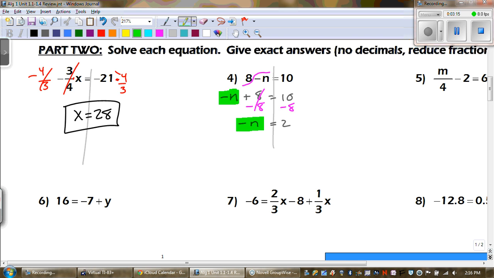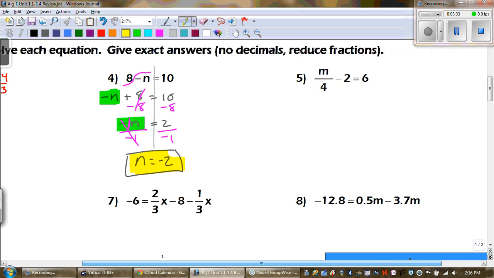That stays negative. It's a -1. To get it by itself, you divide by -1, and we'll get your final answer of n equals -2. So there are your answers so far.